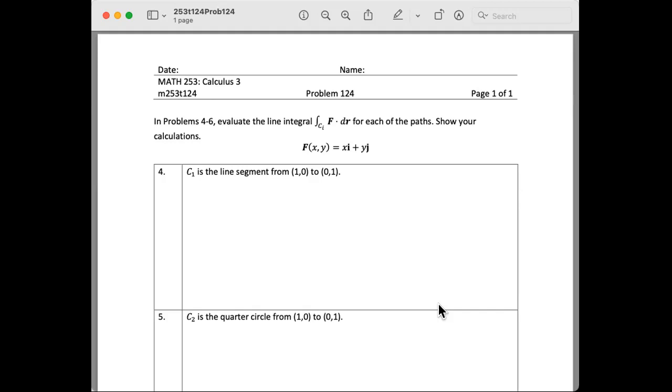What happened when we calculated these two line integrals? What was different about this problem, problem 1, 2, 4, what made this problem different than problem 1, 2, 3?